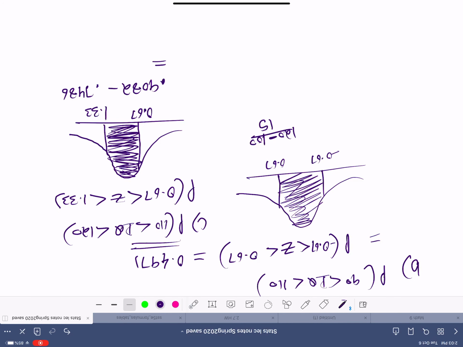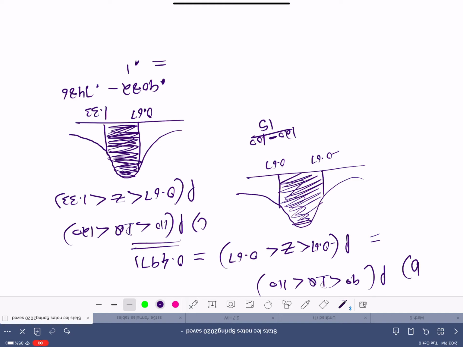And 0.9082 minus 0.7486 turns out to be 0.1596.